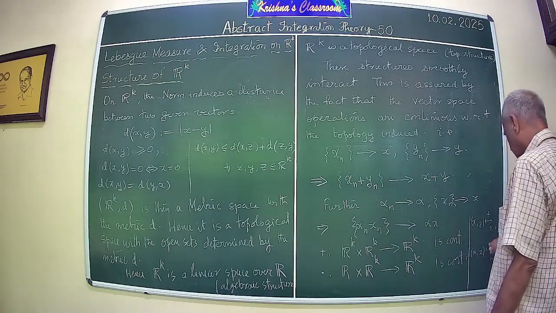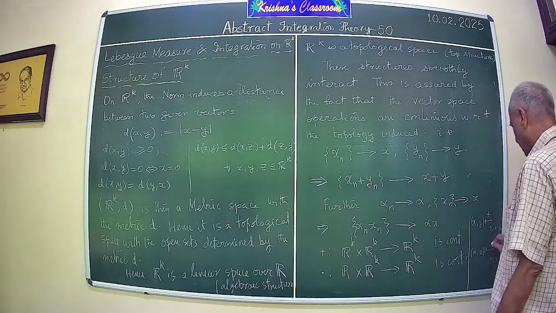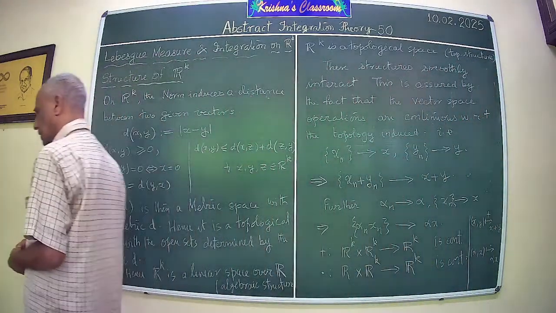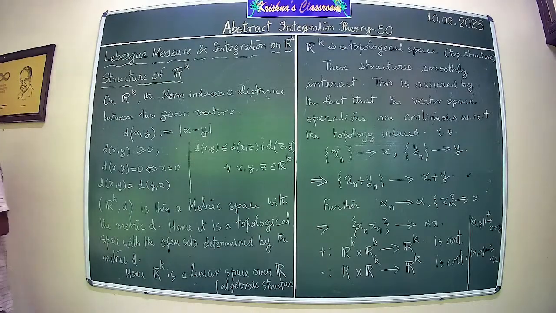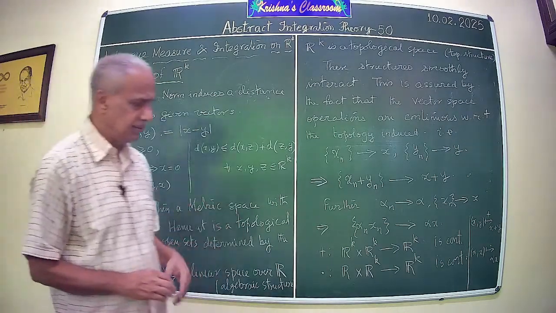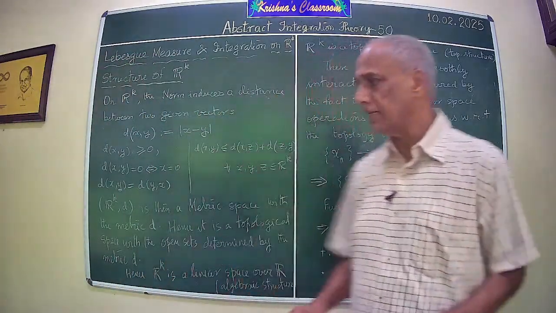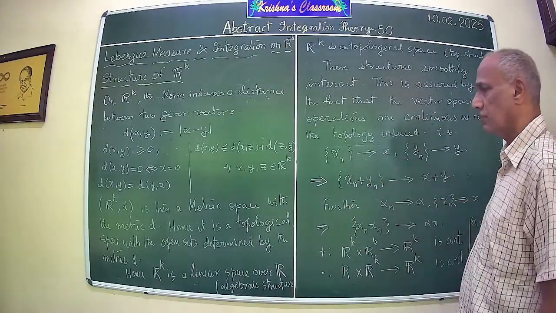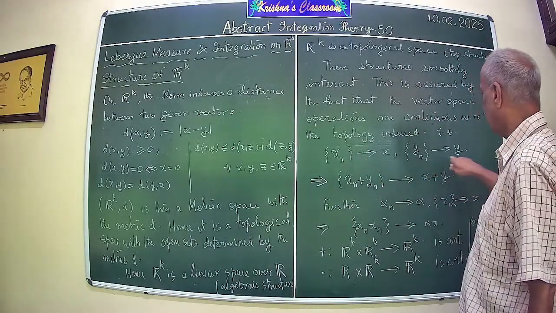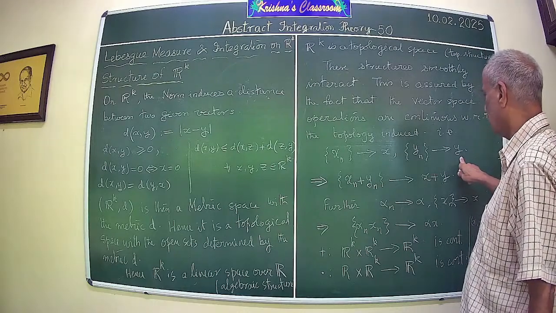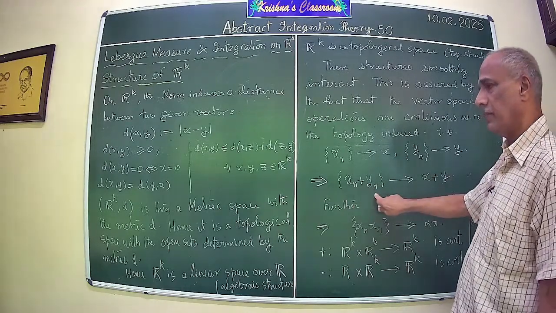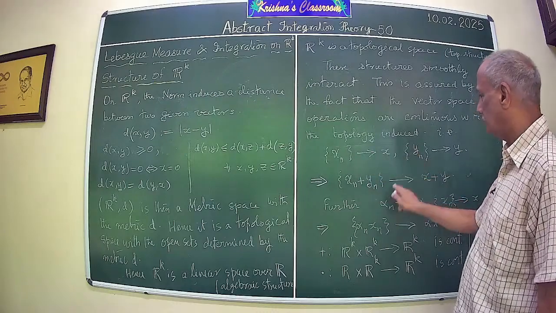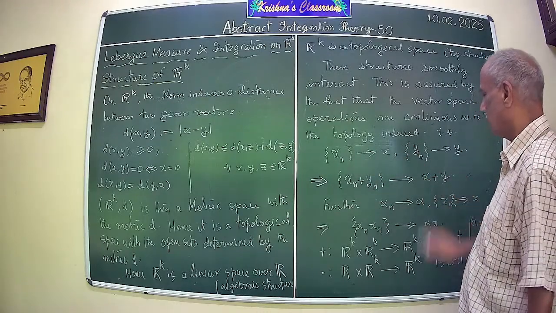So these two maps are continuous maps, and this is well supported by whatever we have defined. In turn, this is established by proving that if xn is a sequence which converges to x, yn is a sequence of vectors which converges to y, then xn plus yn, the sequence obtained by adding them, converges to x plus y.